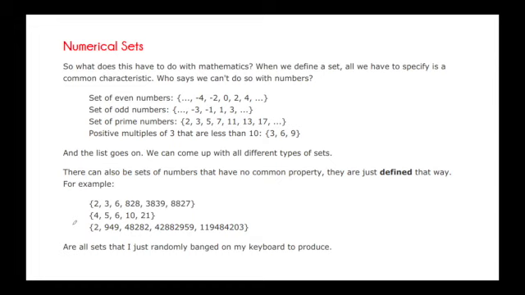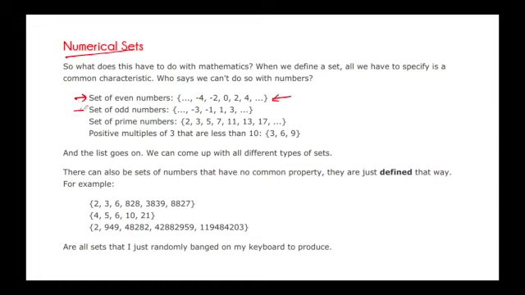Now, in maths, we're definitely going to have to deal with numerical sets, and that is sets where we're talking about numbers. Right? So these are some examples of numerical sets. We have here the set of even numbers. Right?